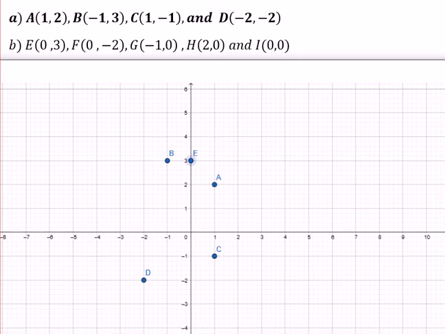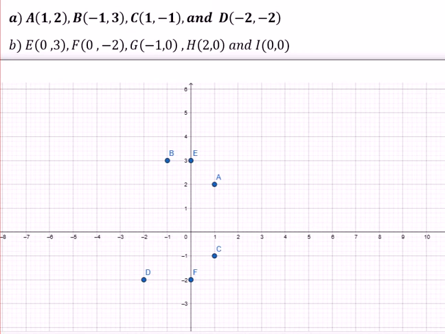Same thing for point F. As you see, the abscissa is 0, so for x we stay on the origin, then we go 2 downward. Which means that this will be the location of point F. Then same thing, we have point G. It's negative 1, 0.